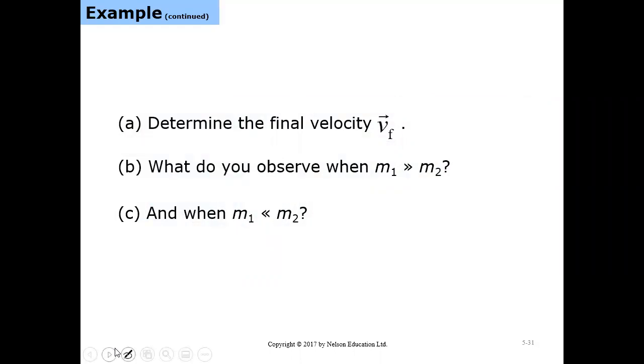If I know M1 and M2 and V1I and V2I, the masses and the initial velocities, can I find the final velocity of the system because they stick together? Is it possible to do it? Applying what? Conservation of momentum. You will say total momentum before is equal to total momentum after. By applying that equation, we can determine the final velocity.